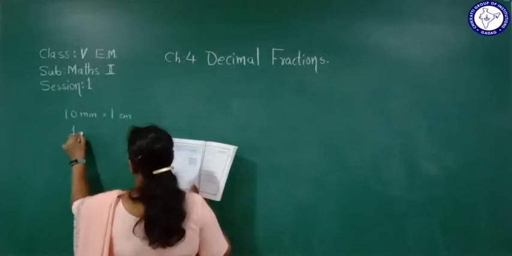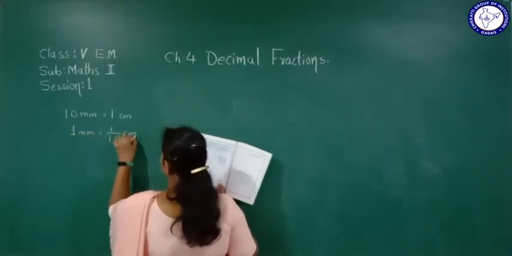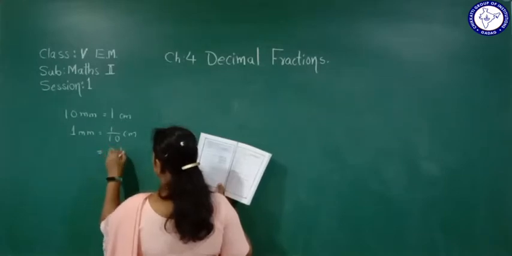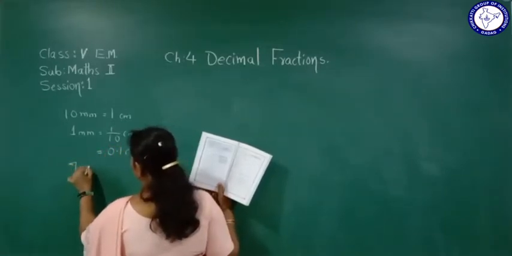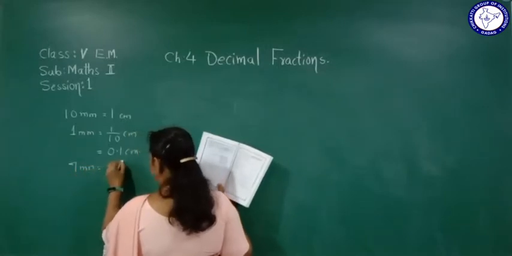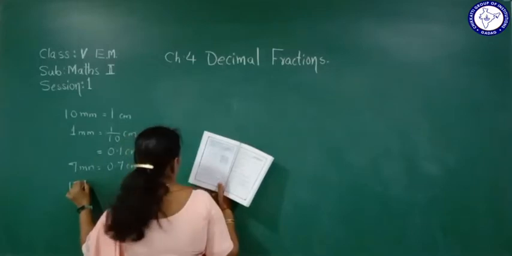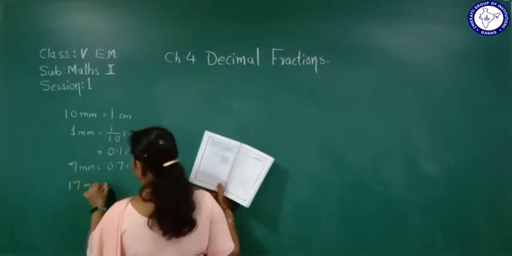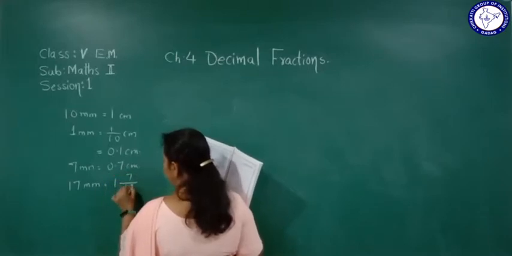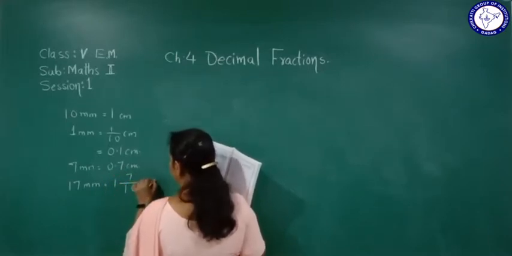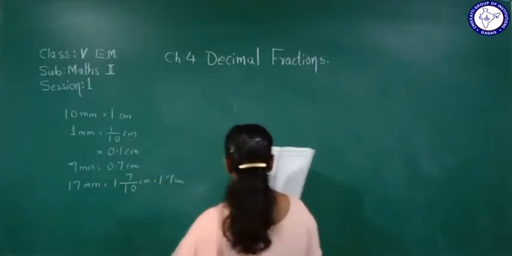Then 1 mm equals 1 by 10 centimeter, which equals 0.1 centimeter. If it is 7 mm, we write 0.7 centimeter. If it is 17 mm, then it is 1 integer 7 by 10 centimeter, which equals 1.7 centimeter.